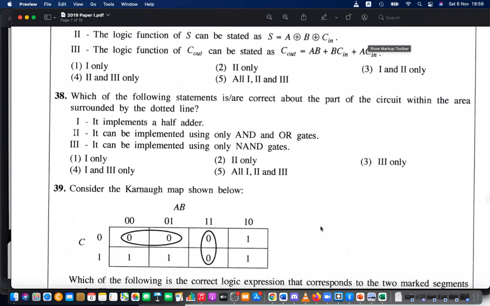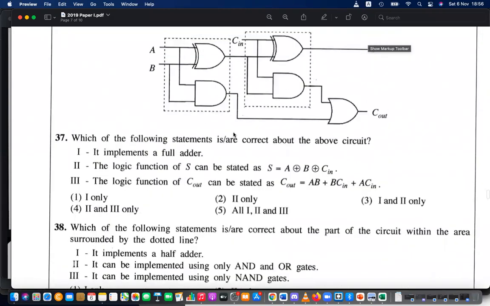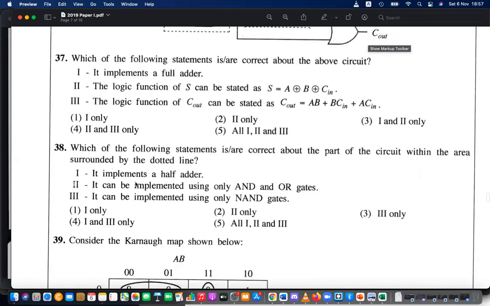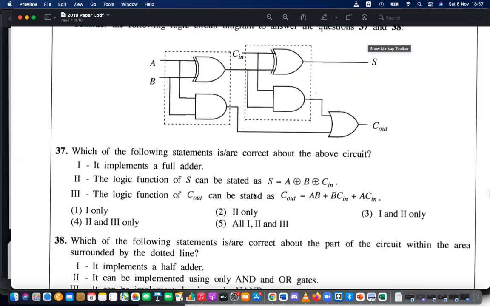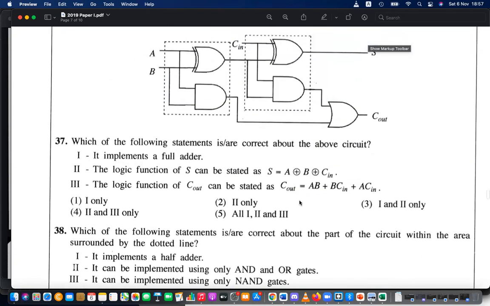38. Which of the following statements is correct about the part of the circuit surrounded by the dotted line? The dotted lines are a half adder. It can be implemented using AND or OR gates, is correct. It can be implemented only using AND gates, that is also correct. Sorry, this one is incorrect. The second one is incorrect. Why? An AND, OR gate and a NOT gate are also needed, right?